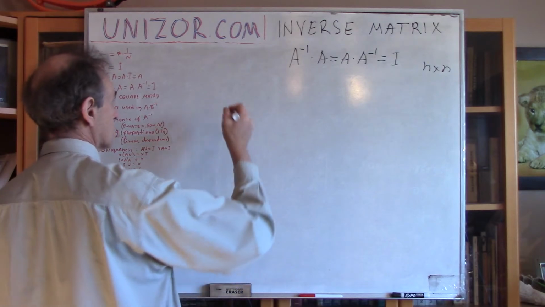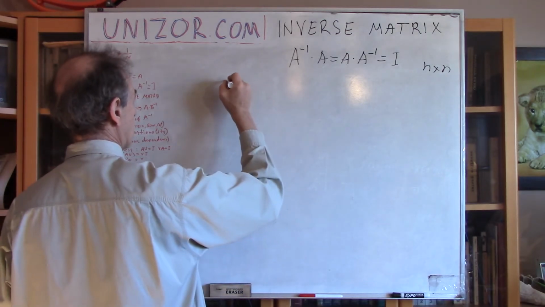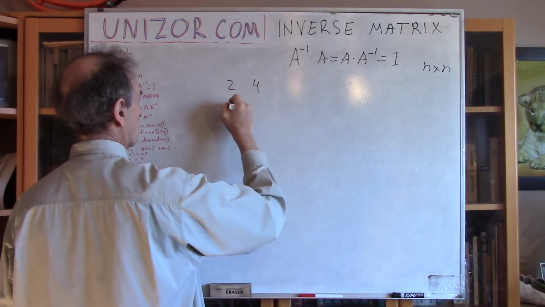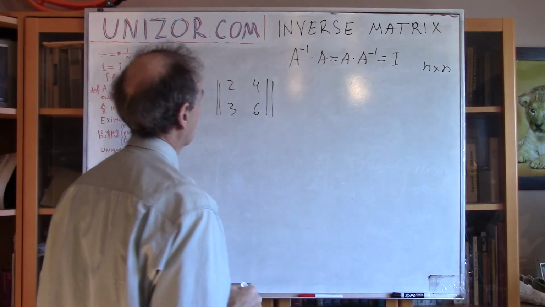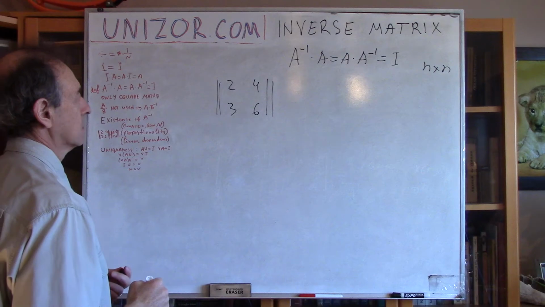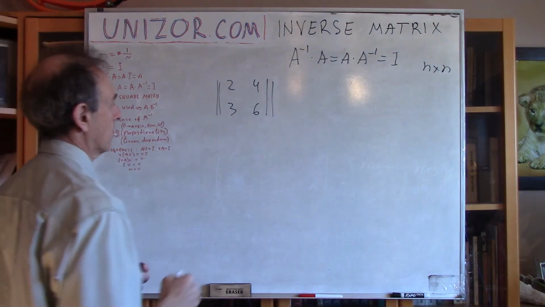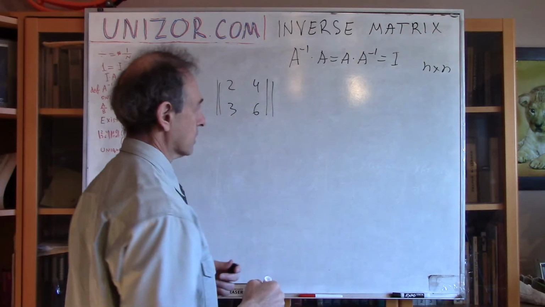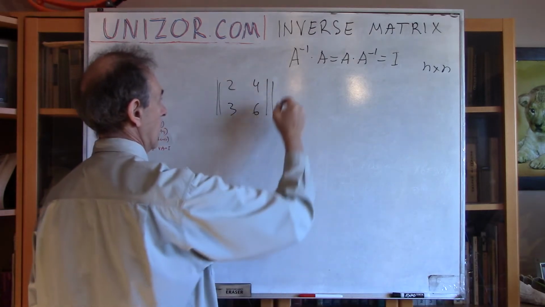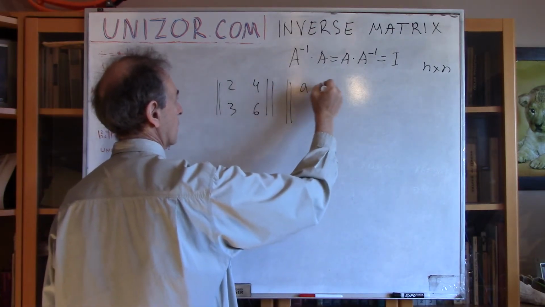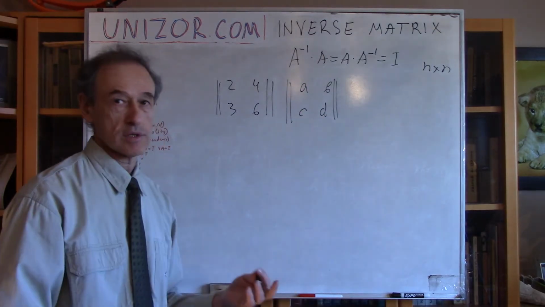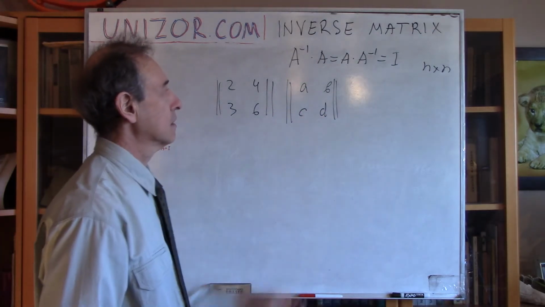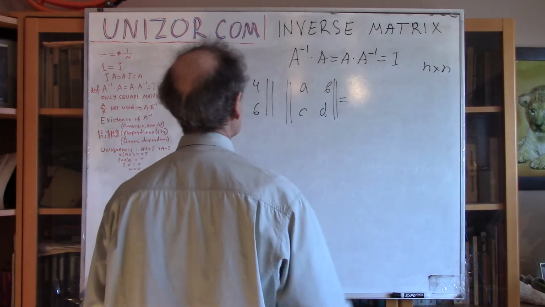I do have just a concrete example. Let's say 2, 4, 3, 6. If you have this matrix as A, and let's consider you have something which is a candidate for its inverse, the result must be the identity matrix, right? Well, let's see what happens.